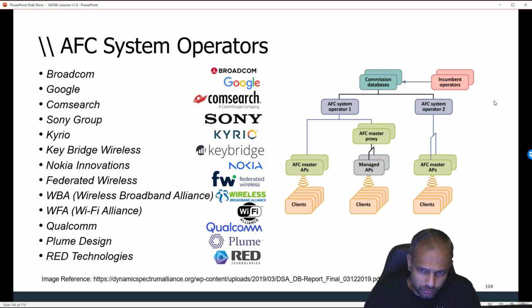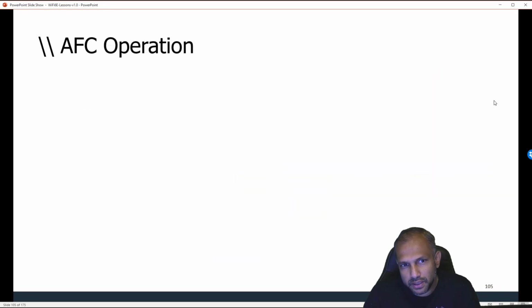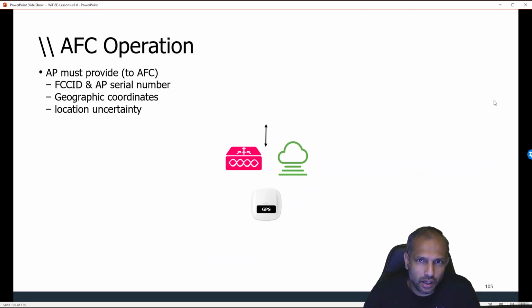So now how it works, in a simple form. Before your access point operates in the outdoor environment, it has to provide certain details to your AFC operator. So what are the details? The FCC ID of your access point and the AP serial number, and the geographic location of your AP, typically longitude and latitude.